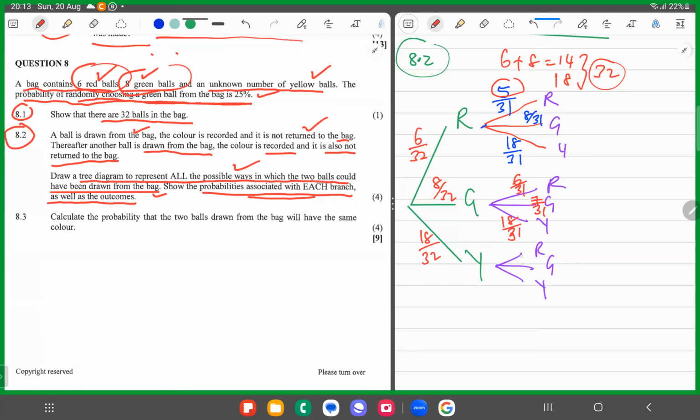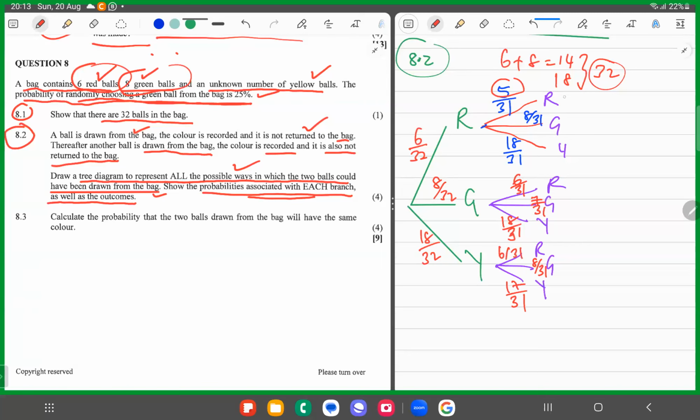Now you continue with the red balls: here you would have 6 out of 31, and then here 8 out of 31. And the yellow balls would now be 17 out of 31 if they pick a yellow ball.